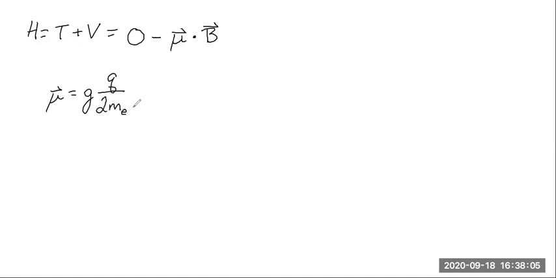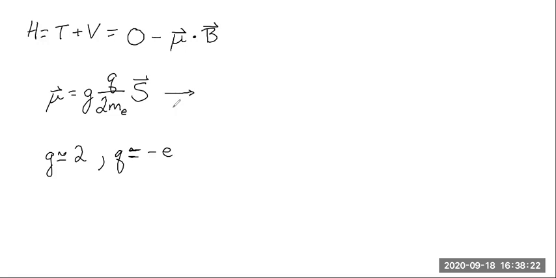We're going to assume that this is an electron. So for an electron, g is approximately 2, and q is definitely equal to minus e.